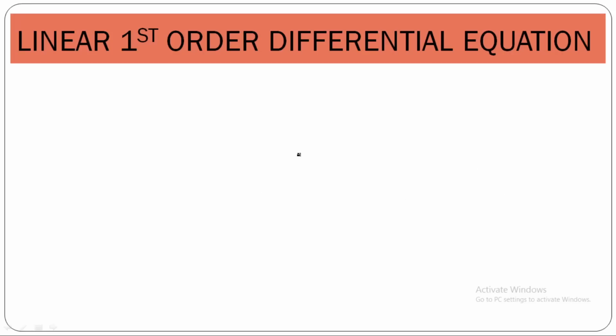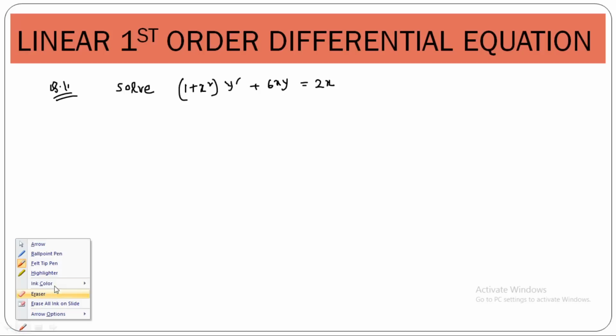Suppose you are given: solve 1 plus x square into y dash plus 6xy is equal to 2x. Suppose this is the problem and you have to solve it. So first you have to find out p and q. Here p is 6x and q is 2x, you can see.